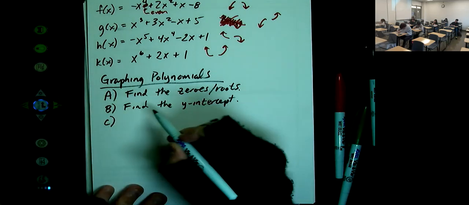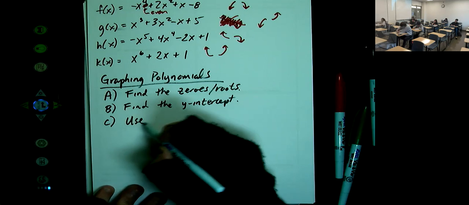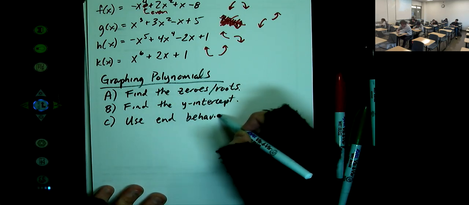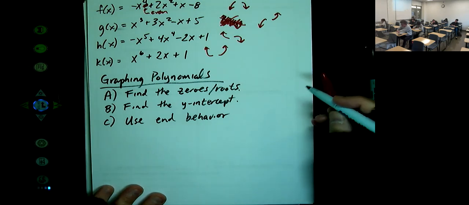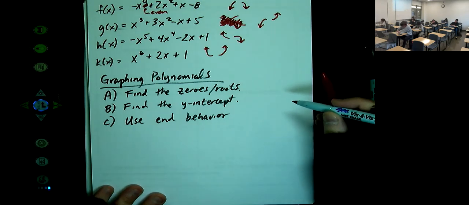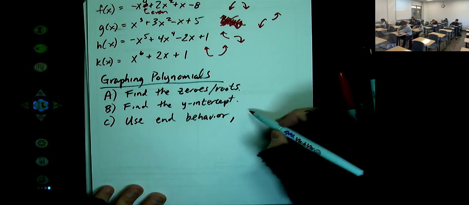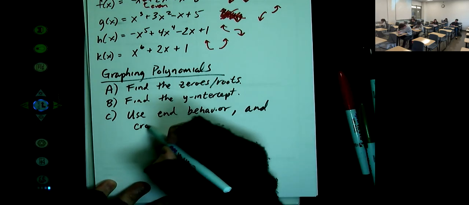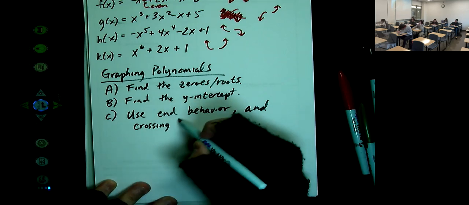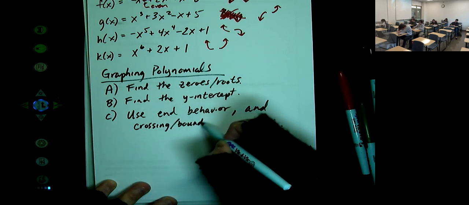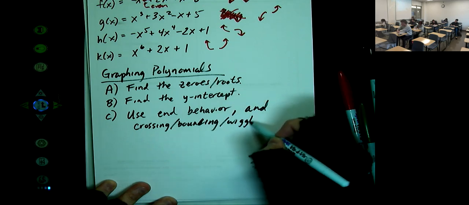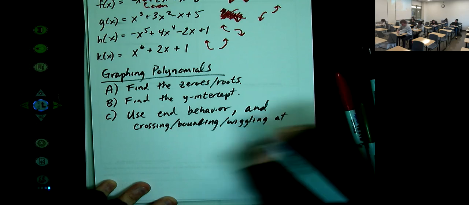After that, you will use end behavior to figure out what's going on at the ends. And then you're going to check to see crossing, bouncing, wiggling over the x-axis at the roots.